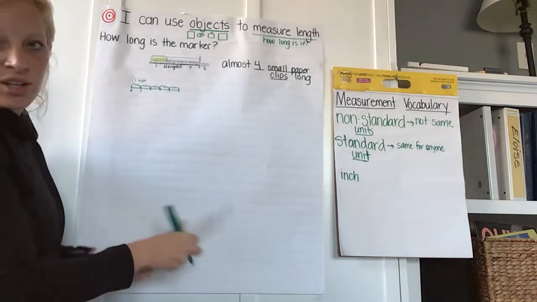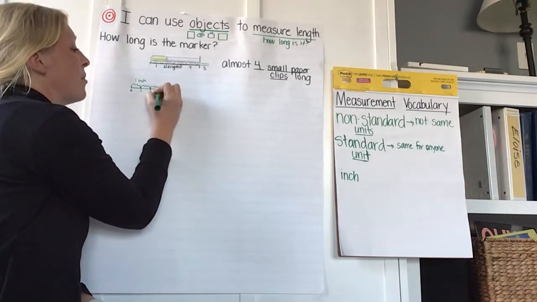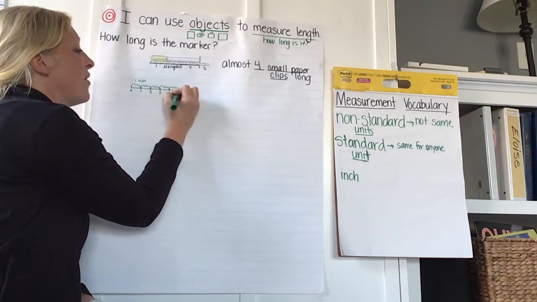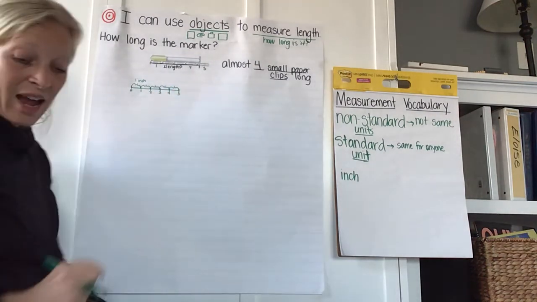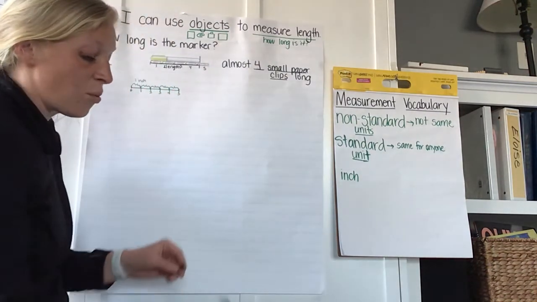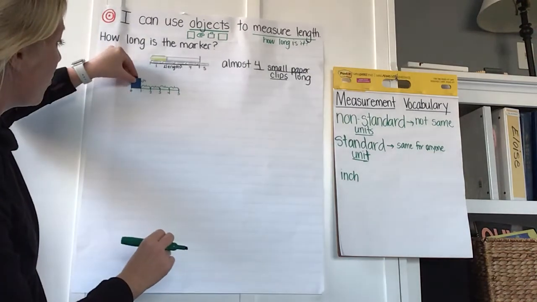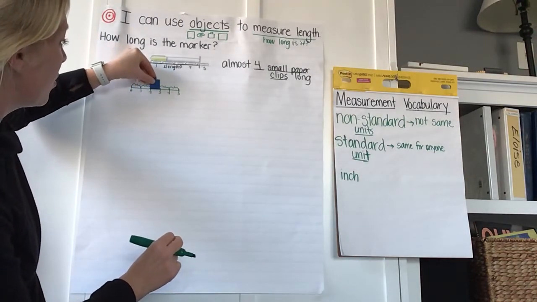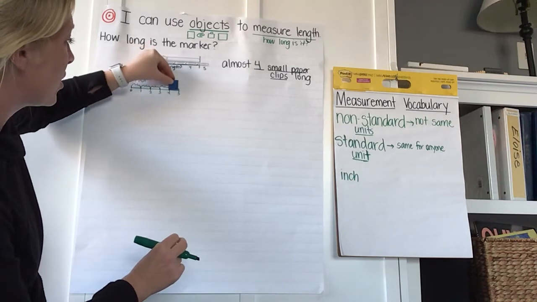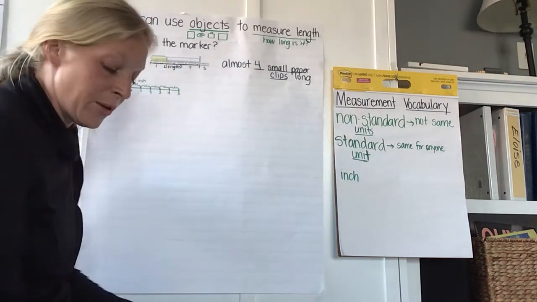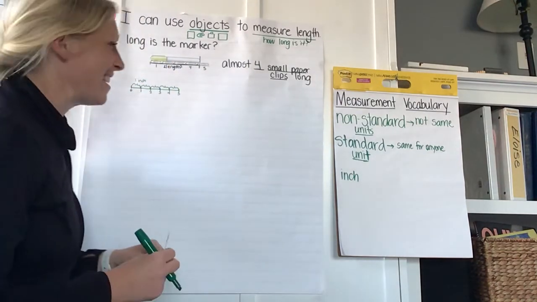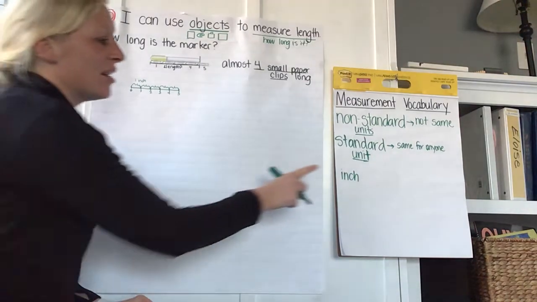So, everybody understand that? Each of those tiles that I was showing you is 1 inch wide. 1, 2, 3 inches, 4 inches, 5 inches. Cool, right? Yes. These are an inch.